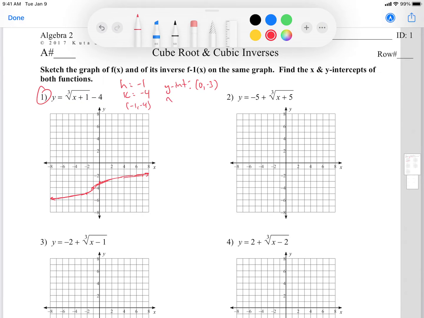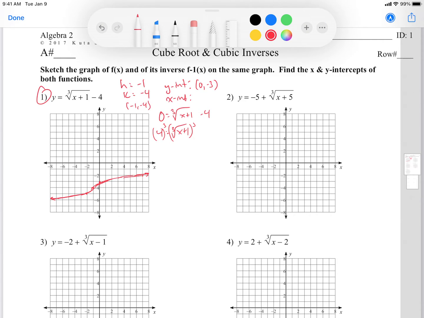Okay. For the x-intercept, right? Remember, we have to set y equal to 0. Okay. So we go 0 is equal to third root of x plus 1 minus 4. I add 4. 4 is equal to the third root of x plus 1. Cube it. Okay.